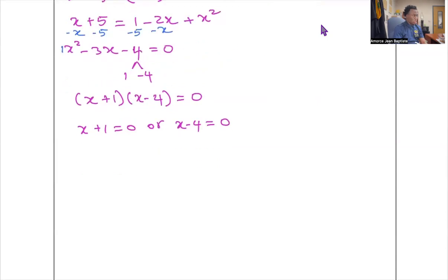So the solutions will be x equals negative 1 or x equals 4. But obviously we know that we need to check for extraneous solutions.